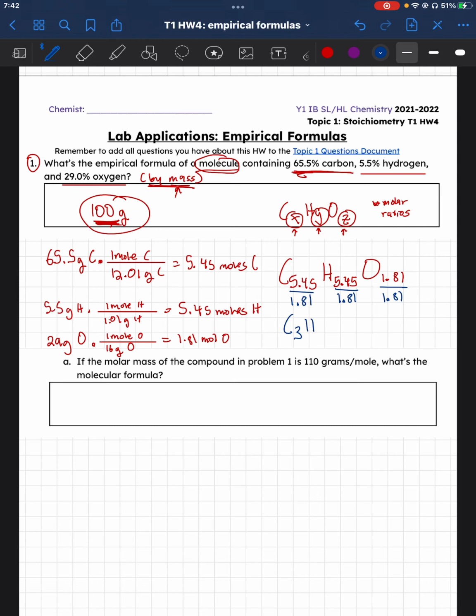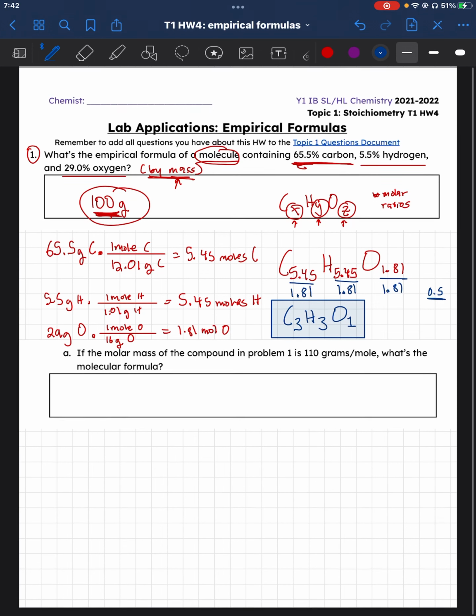I'm going to round to the nearest whole number, 3 and 1. If my answer were close to 0.5, I would then write down 0.5 for that answer and then go back and double all of the subscripts. But in this case, all of my answers were very close to a whole number, and so I round to the closest whole number, and that is my empirical formula.